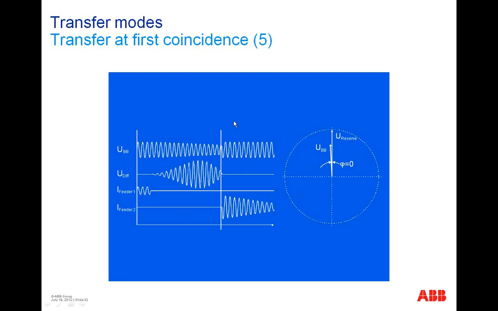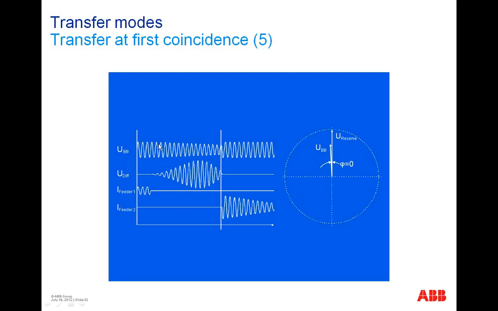This is the next transfer mode if the fast transfer is not possible because the preconditions are not given at the moment of initiation. Then the HSTD does not perform a fast transfer, and goes to the next possible transfer mode. This is the transfer at first phase coincidence. And you can imagine if we make the changeover transfer at the moment of absolute synchronism, this is a really smooth transfer.